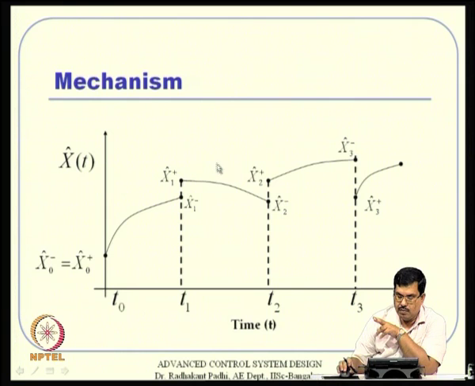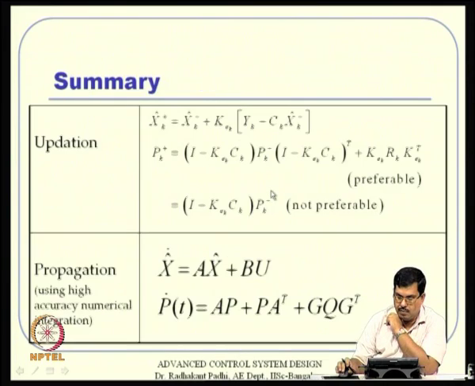That means you are not only updating the state information with the measurement, we will also update the covariance matrix here. Then we will propagate the covariance matrix using the continuous time expression that is available. So this is the update stage. Both the state vector as well as the covariance matrix will be updated, then they will be propagated by one more time step.